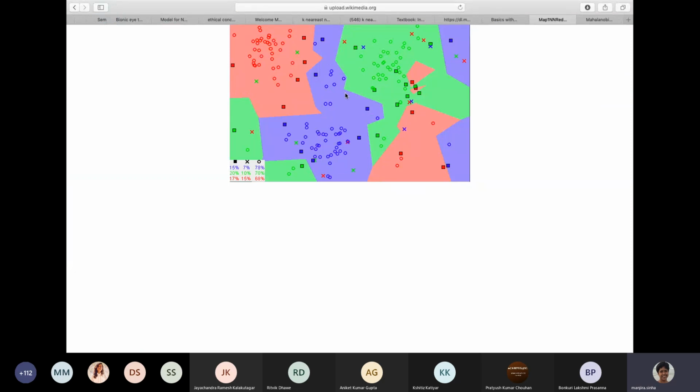If you can see, generally our assumption that the closest training example will have the same label as my test data point is based on something like this, that all the training data points in similar classes will be grouped together in distinct groups or distinct clusters.